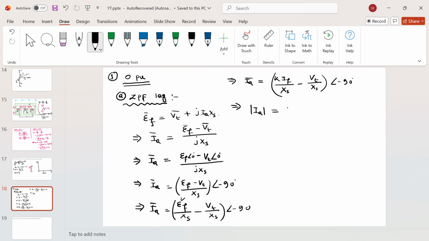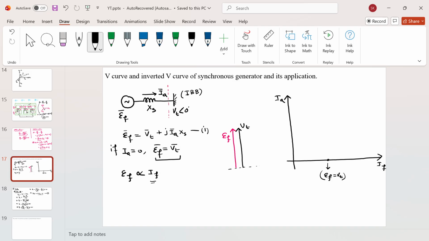So mod Ia is equal to K by XS, which I am calling M, another constant, times IF, minus, let's say, constant C. So if you see this equation number 2, it is a linear equation, M IF minus C. So if I try to draw this particular equation, you will see I will be getting a linear plot after this. Okay, so this is for ZPF lag.